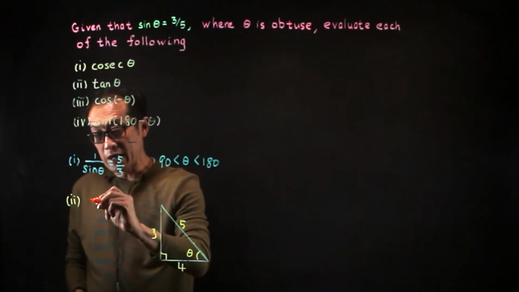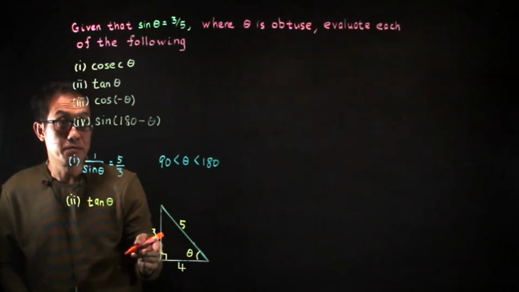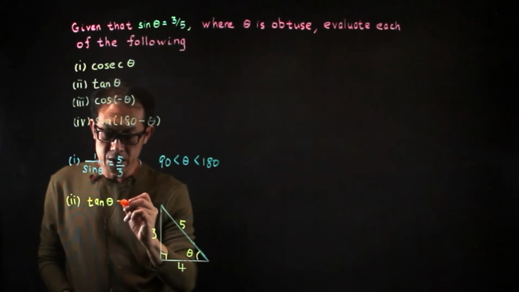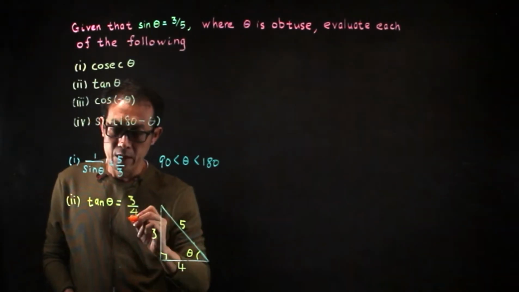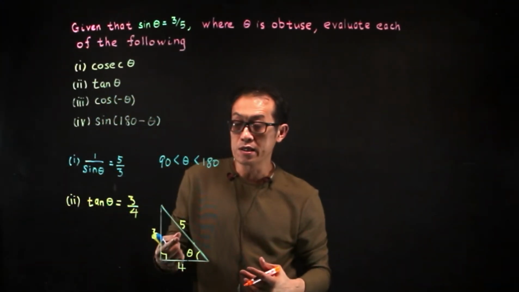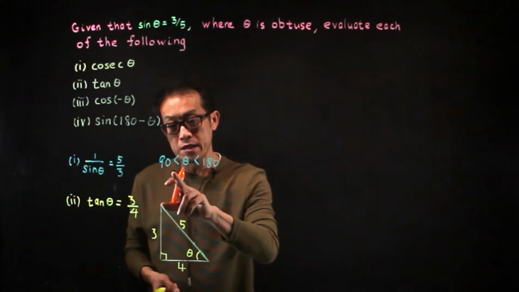Now, how to find tangent theta? Tangent theta is simply opposite over adjacent. So it is simply 3 over 4. But the question is, is it positive or negative? Then you look at this theta.